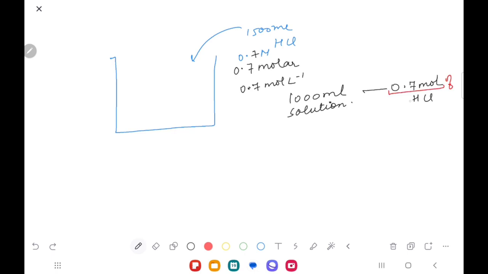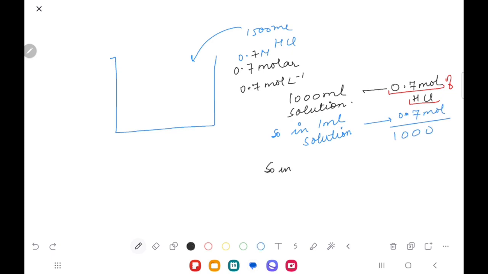0.7 moles of HCl, isn't it? So, in 1 ml solution, I will have 0.7 moles over 1000, isn't it?